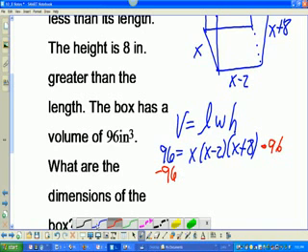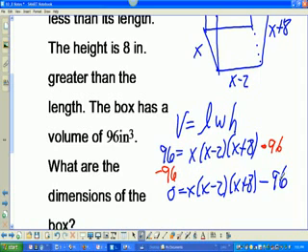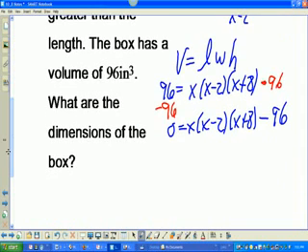So then I'll get 0 equals x times x minus 2 times x plus 8 minus 96. Now that's not a polynomial as I can think of it, because it's in factored form, everything's multiplying. So let's multiply everything together.